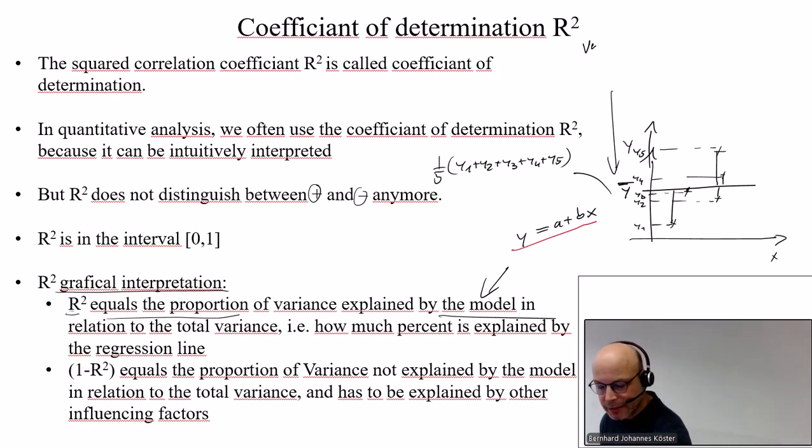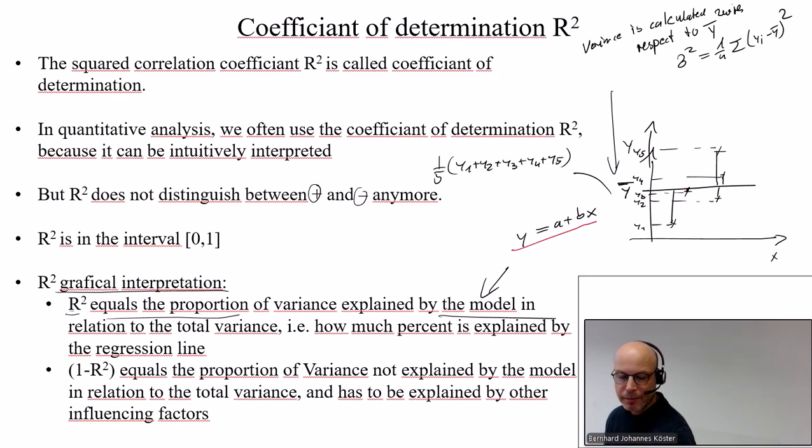So variance is calculated with respect to y bar. You remember that the variance is then 1 over n sum yi minus y bar squared.